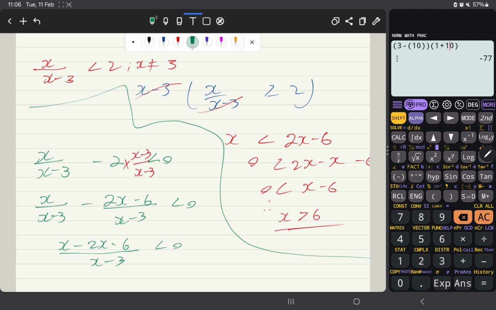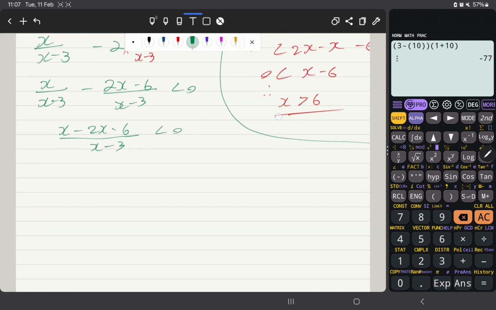Right, and whoa, what is happening with this tab? Nice. So now what do you have? You have minus x, I believe, minus 6, right?